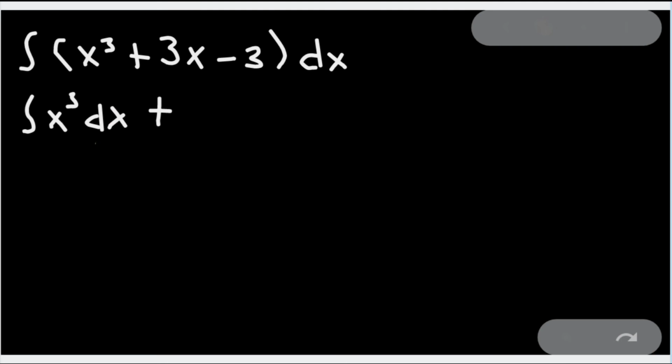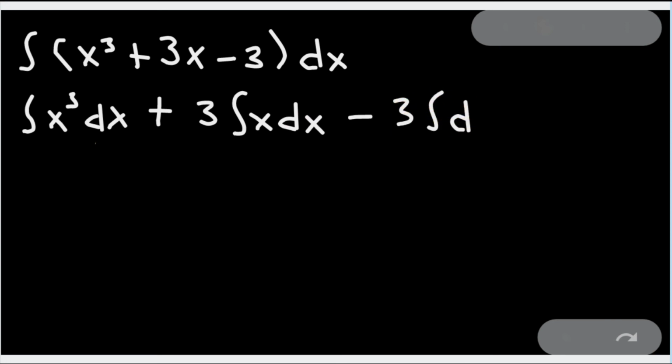plus, let's put at the left side of the integral symbol the constant, so 3 times the integral of x dx, minus 3 dx. Then we can apply the general rule for this indefinite integral. Our n here is 3.